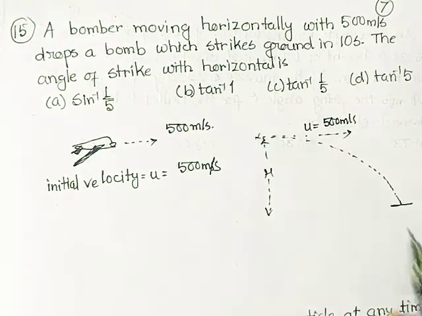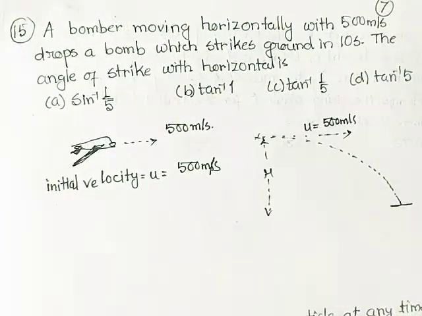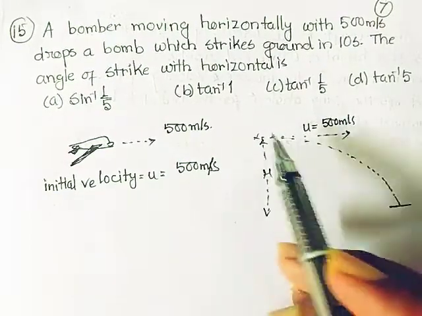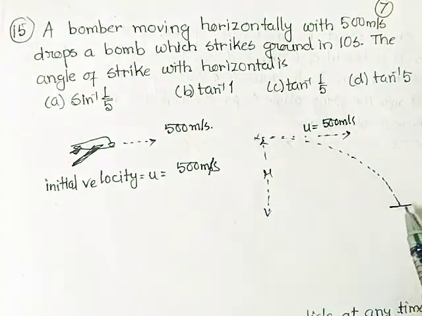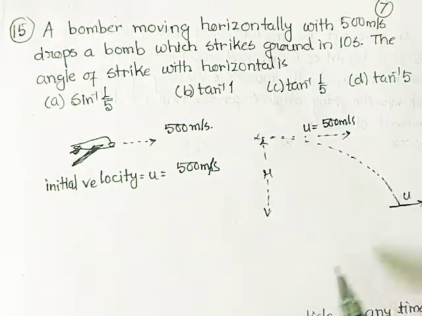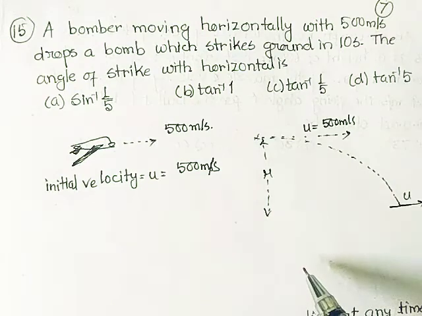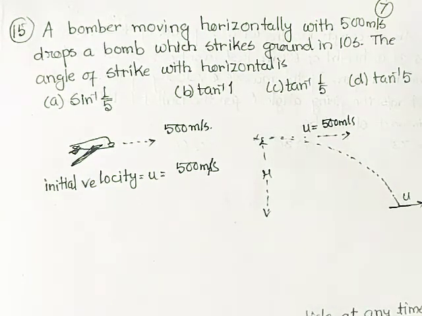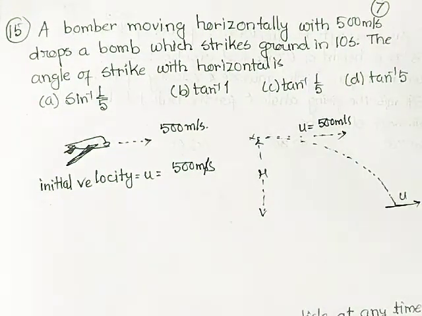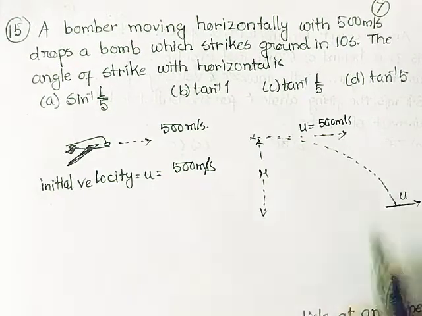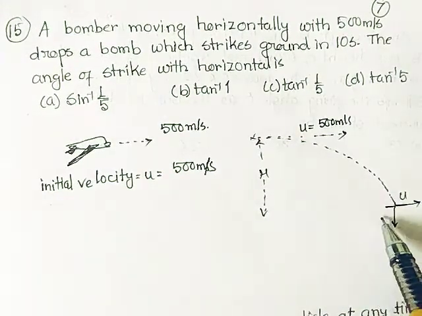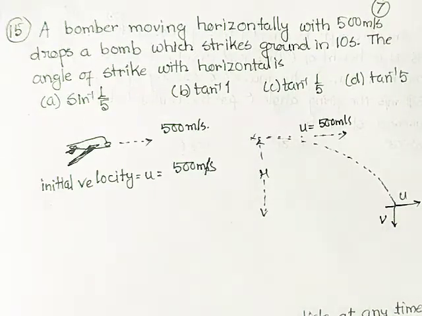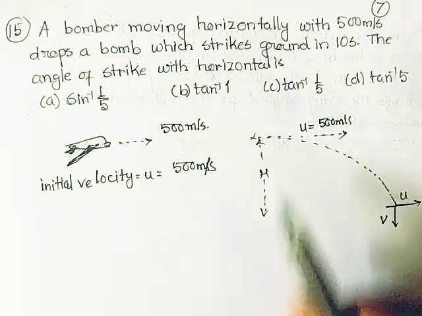Since it is the horizontal projectile, all of you know that the acceleration due to gravity is acting downwards, so this velocity, that is 500 meter per second, will never change. The question is about this vertical velocity.